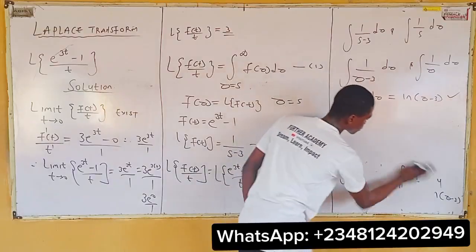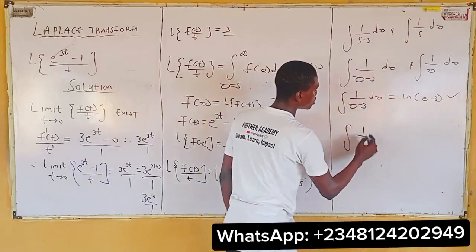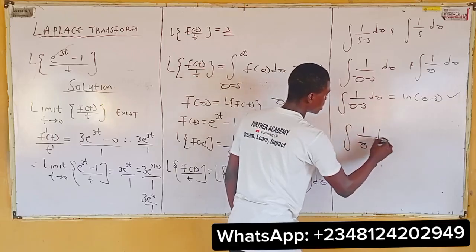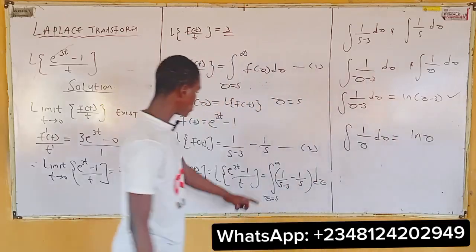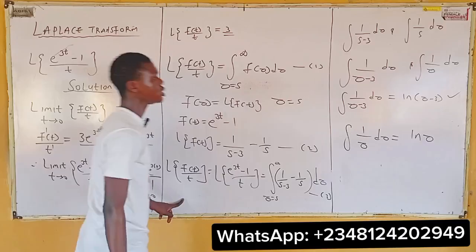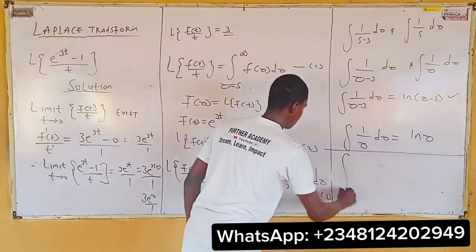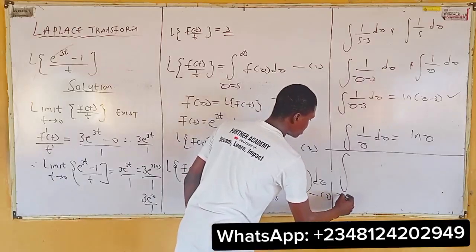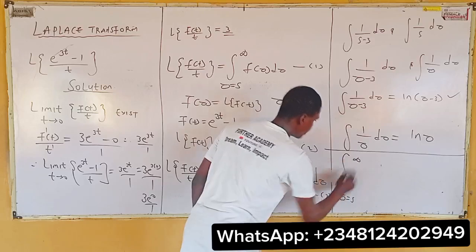The next one is the integral of 1 divided by sigma d sigma. This gives ln sigma. So back to this equation, let's say this is equation 3. Equation 3 simply means the integral, sigma equals x to infinity.